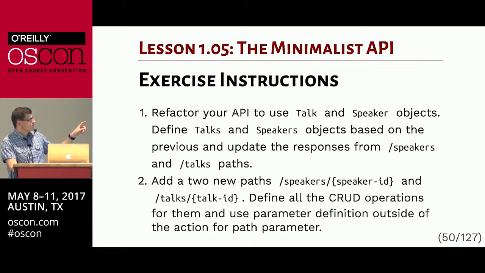Once you've done this refactor, you would add the two new paths, the speaker ID and the talk ID, and define the additional CRUD operations for them in order to be able to delete and update your talks and speakers. So I recommend you try finishing up part one, and then move over once you have a valid passing spec to do part two, which would require a little bit more time working on it.